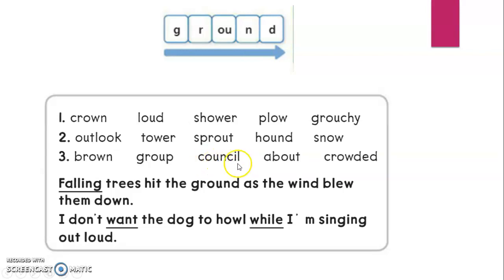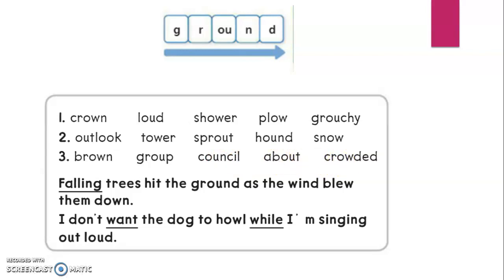So council. This is a sight word, about. So out, about. Crowded. Let's read this row 3 the fast way. Brown, group, council, about, crowded.